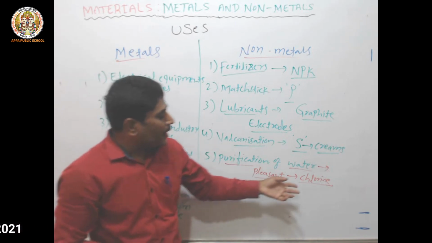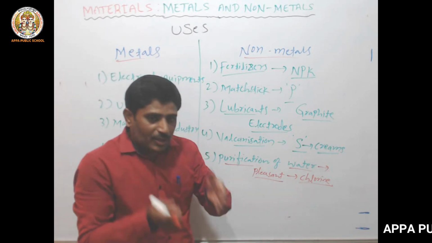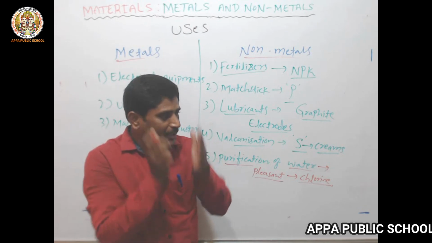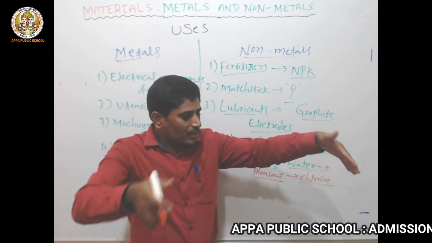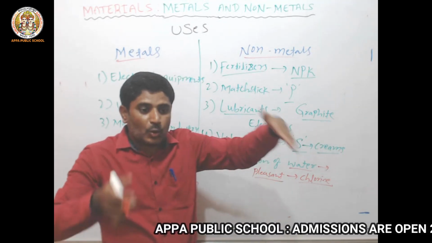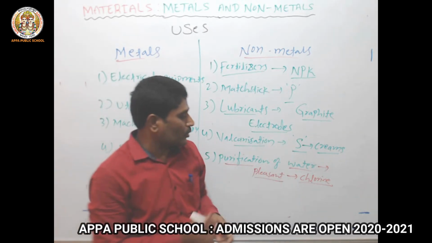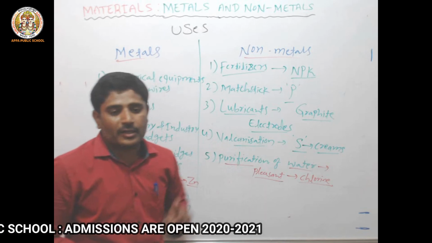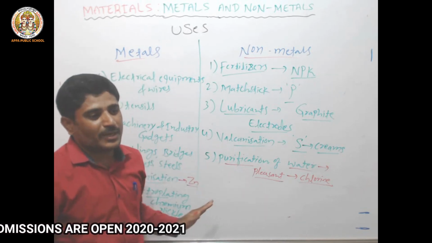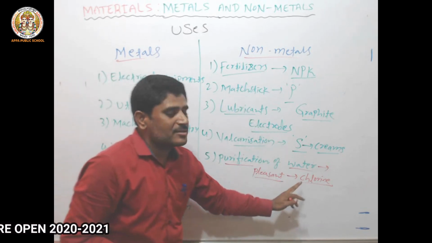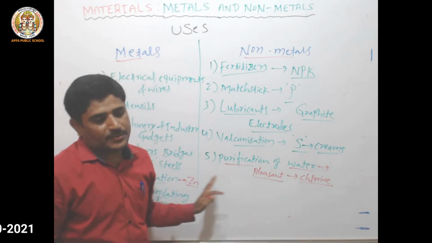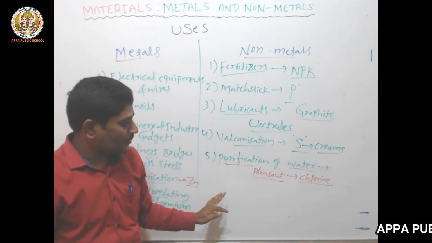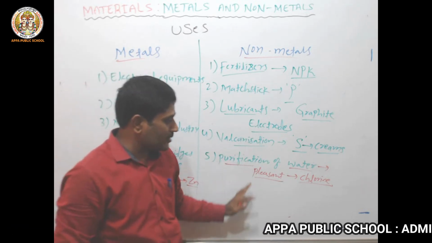Okay, if you don't know what chlorine means, during big functions we put one white powder on the roadside. That is bleaching powder. Inside the bleaching powder, chlorine content is there. That is the pleasant smell. It is to kill the germs, disease-causing microorganisms.